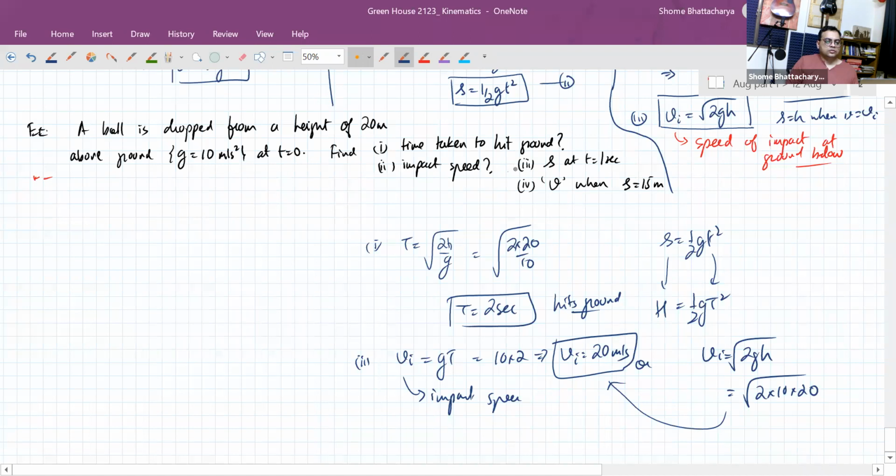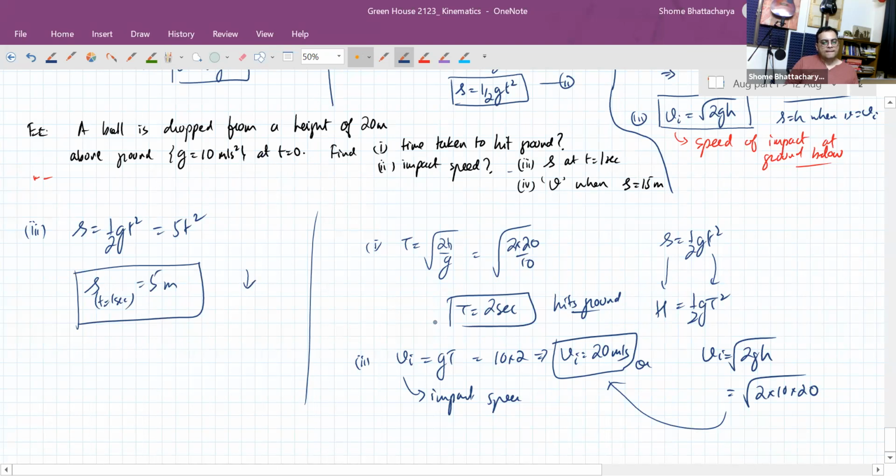Now third part, you can see that displacement as a function of time is half gt square or 5t square. So displacement at t equal to 1 second is 5 meters. We should understand that it is 5 meters downwards because it's in free fall.